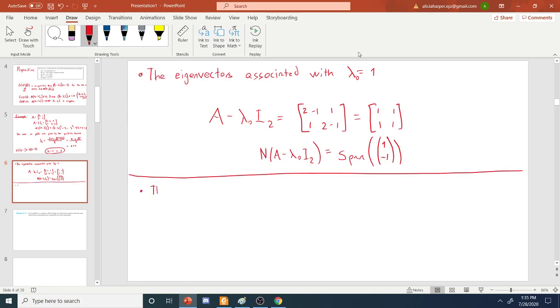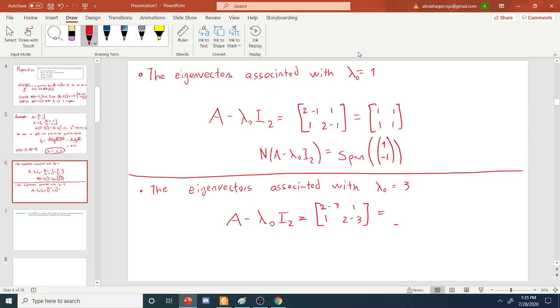And now we can look at the eigenvectors associated with lambda naught is equal to 3, in which case we have A minus lambda naught times I2 is equal to 2 minus 3, 1, 1, 2 minus 3.